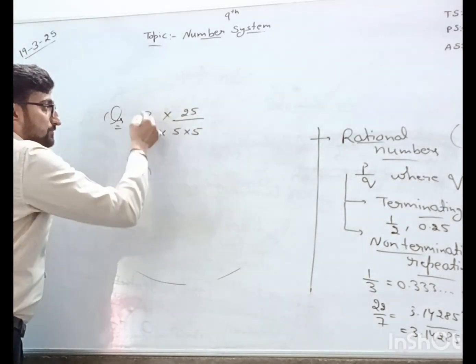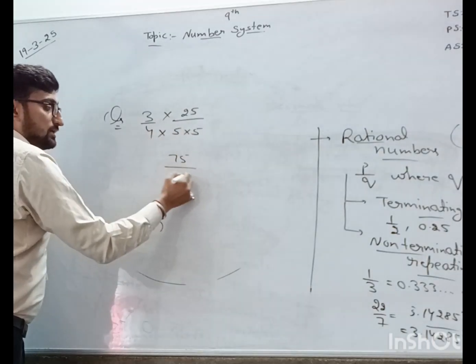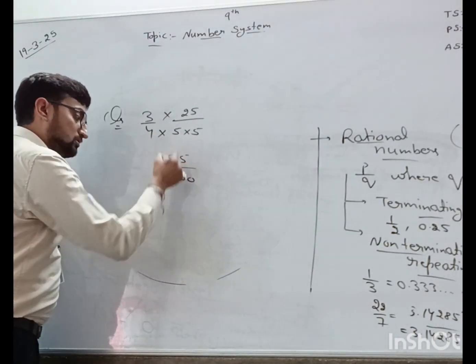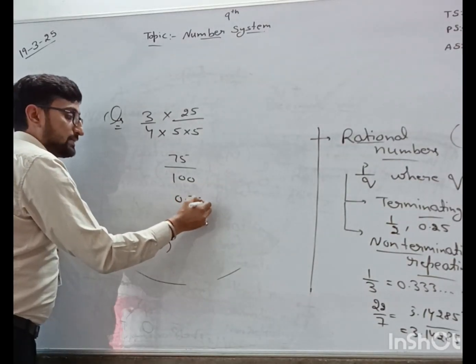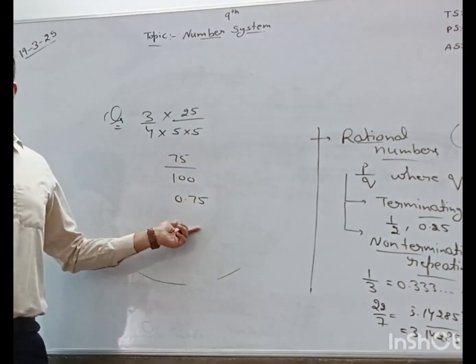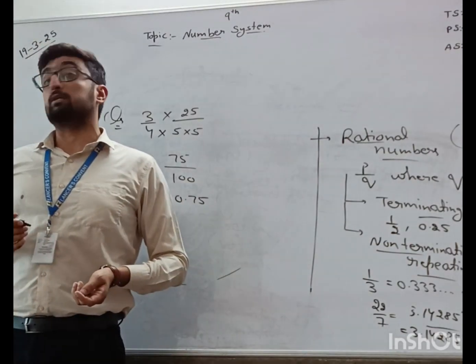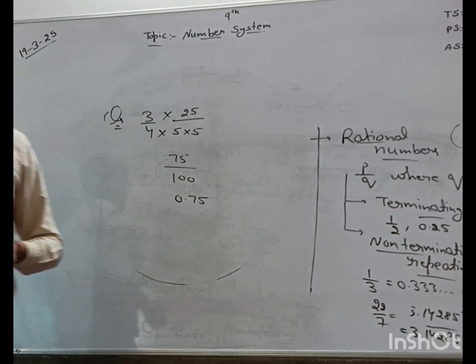Now it becomes 25 threes are 75 divided by 25 fours are 100. So we can directly put the point before two digits. Now it becomes 0.75. So the decimal expansion of 3 by 4 is 0.75, and our second part is true.